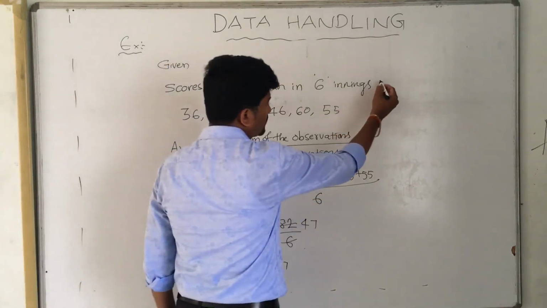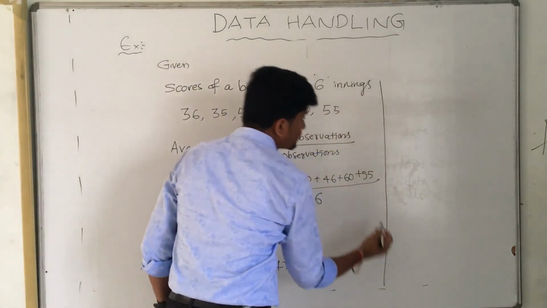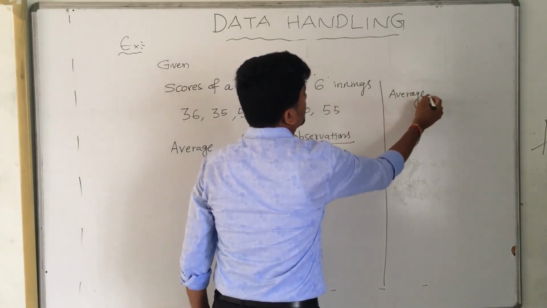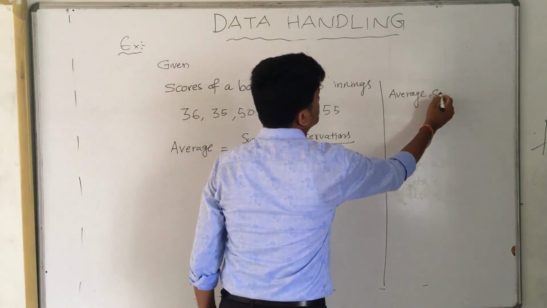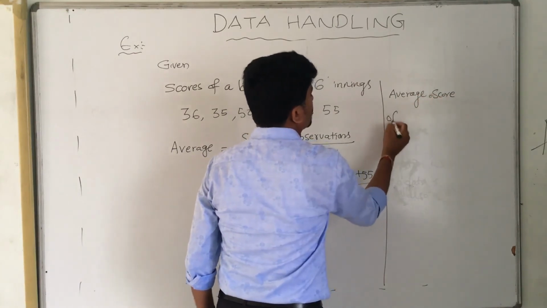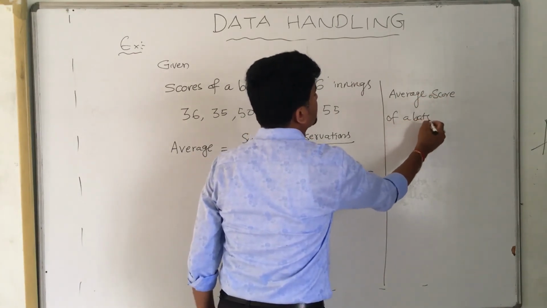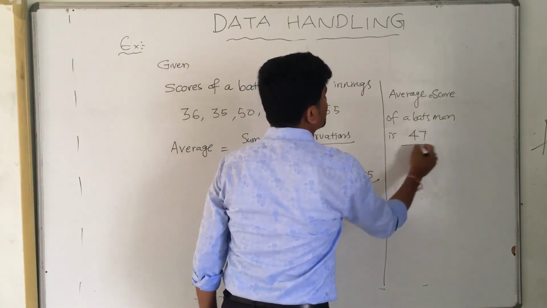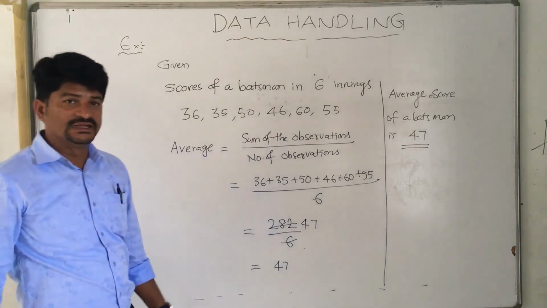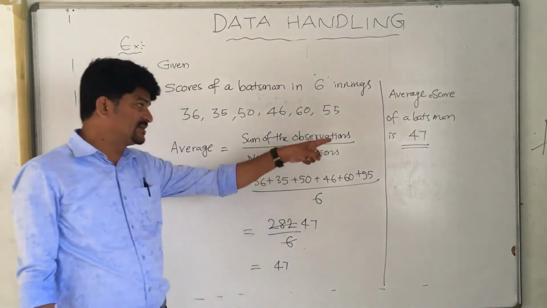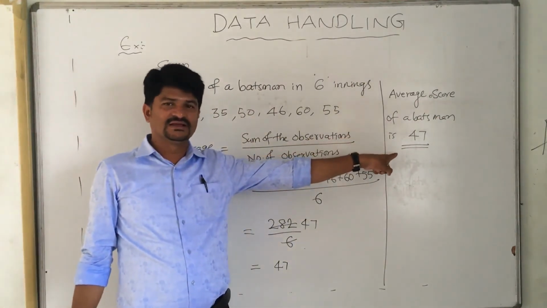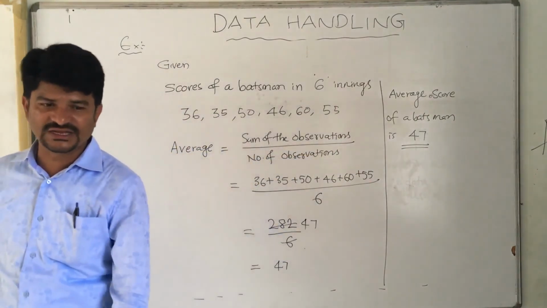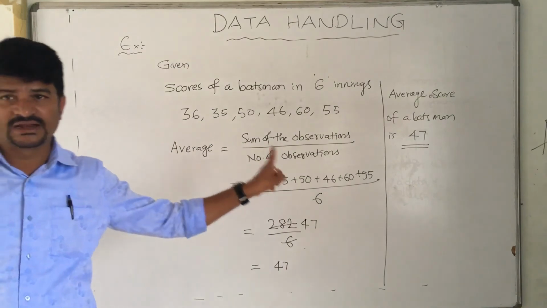Therefore, the average score of the batsman is 47. So, in each innings, the average score of the batsman is how many runs? 47. Clear, children? Write this solution. I'll give you 2 minutes, and before that, everybody can write it.